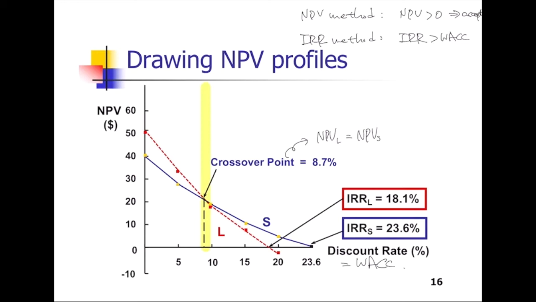According to the NPV methods, both are positive numbers, but we can choose only one project, right? Because the projects are mutually exclusive. So in this case, we can choose only one. So which one is higher? Yeah, the higher NPV is project L, right? The red number, project L's NPV.